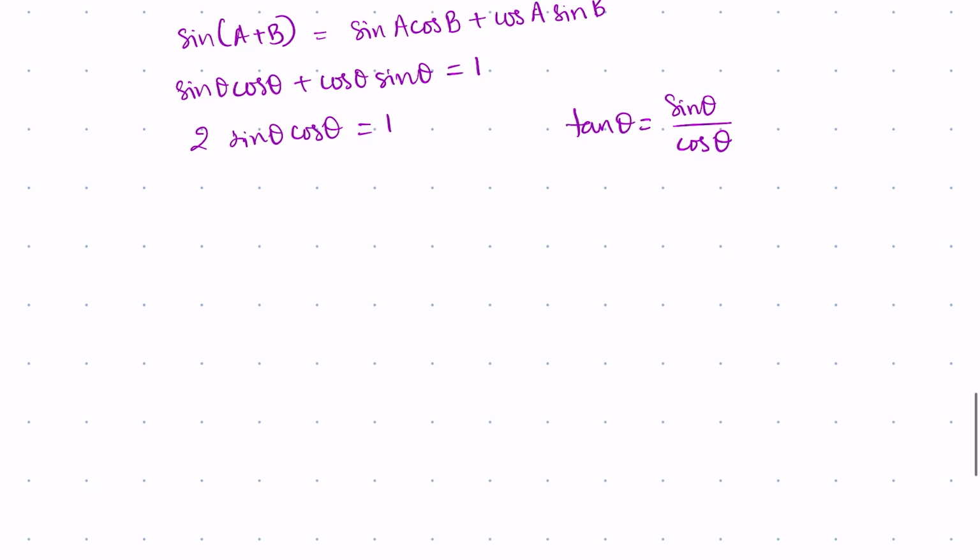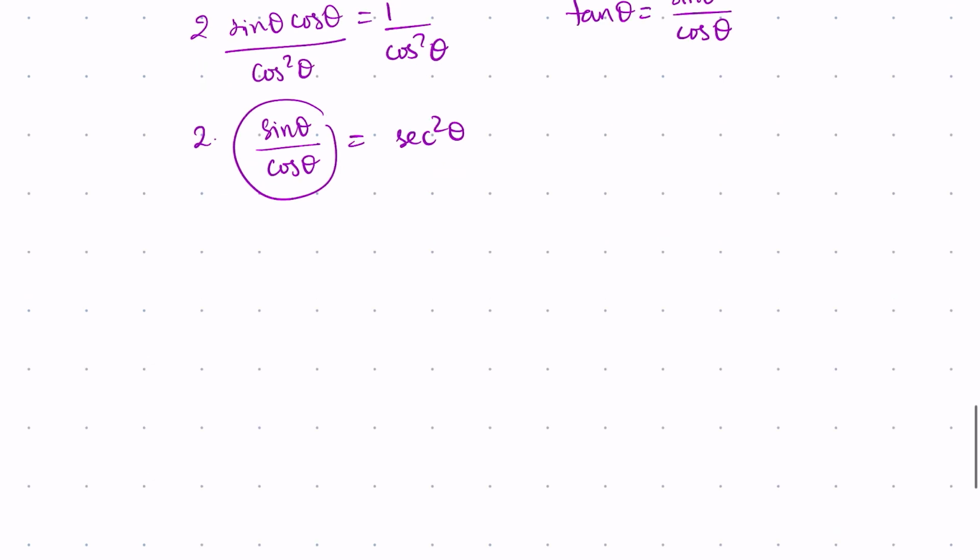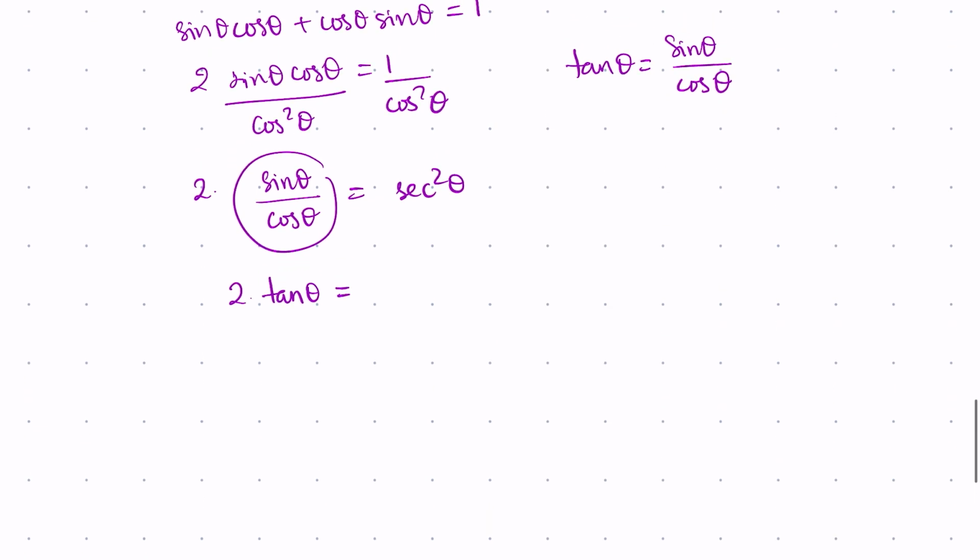So if we divide both sides of this equation by cos squared theta, then we would get 2 times sine theta by cos theta is equal to sec squared theta, right? And then sine theta by cos theta is nothing but tan theta, so 2 times tan theta is equal to sec squared theta.